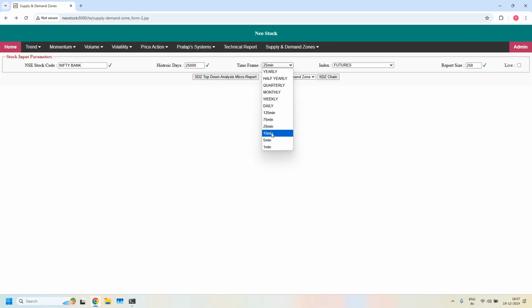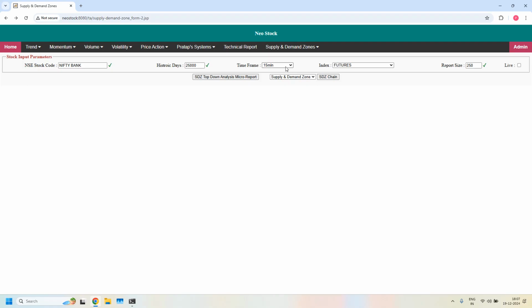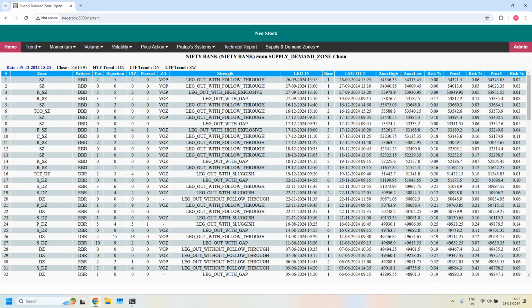Next, I am generating 15 minutes supply demand zone chain for Bank Nifty. Next, I am generating 5 minutes supply demand zone chain for Bank Nifty. So with this we have completed Nifty and Bank Nifty supply demand zone chain.